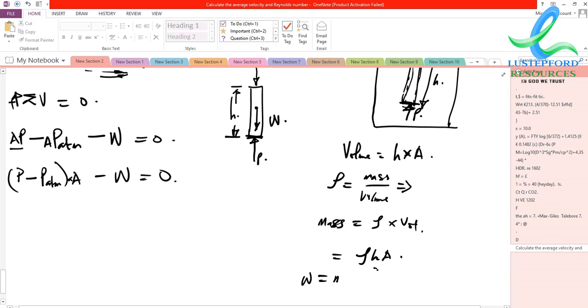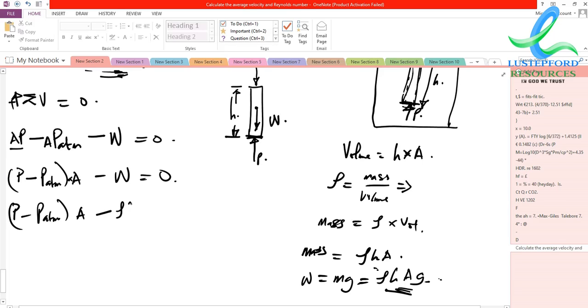Weight is the same thing as mass times G. Now this one is mass. So the weight will now be density times height times A times G. Now we have P minus P atmospheric times A minus, substituting this expression here, equal to 0.